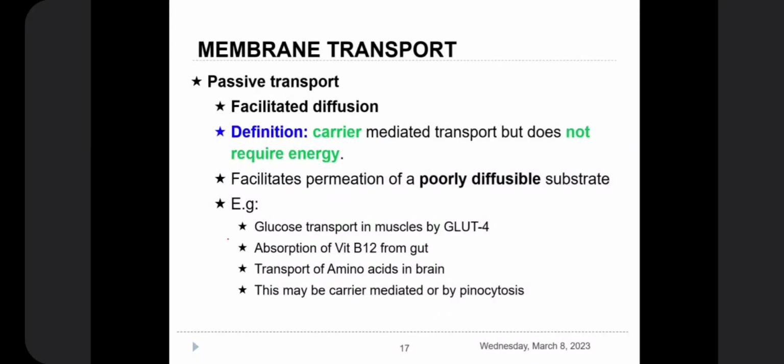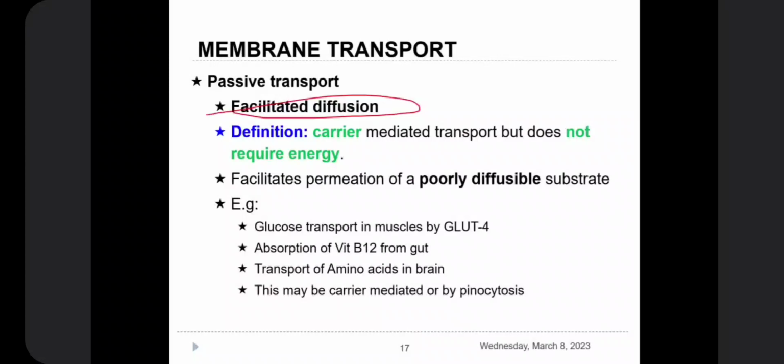Some ingredients are necessary, and our body needs them very urgently. Although they can cross the membrane according to the concentration gradient, our body still supplies them a carrier to help them cross the membrane more quickly. So what do we call this?